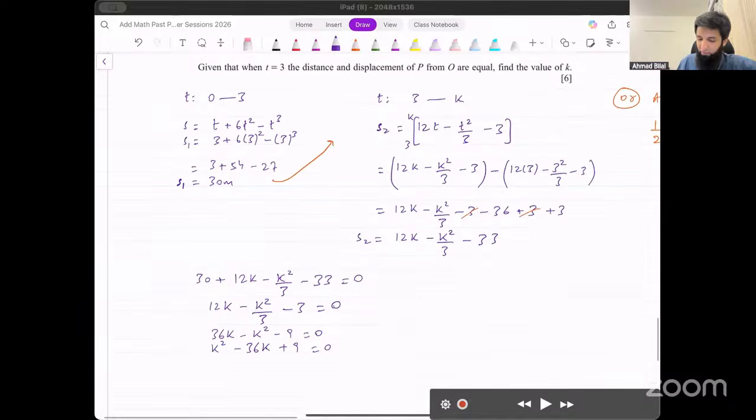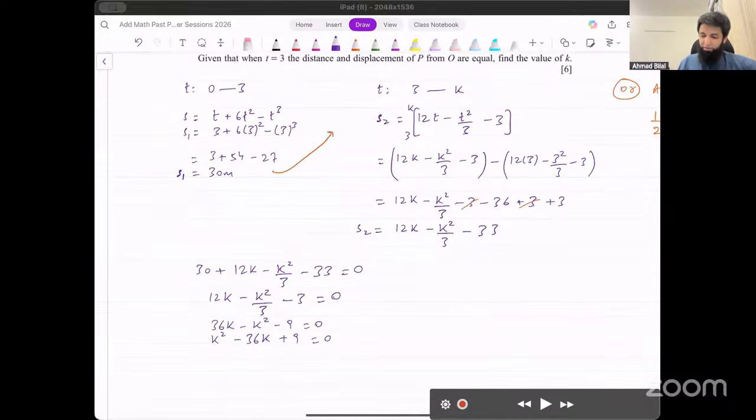Otherwise, we'll just use the quadratic formula. 12k minus k squared over 3 minus 3 minus 12 into 3 minus 3 squared over 3 minus 3. That looks okay. 3 and 3 get cancelled. Minus 36 plus 3 plus 3. Can anyone spot any careless mistake anywhere?